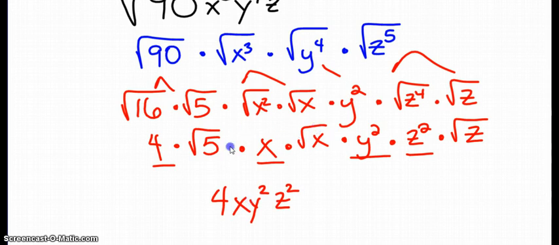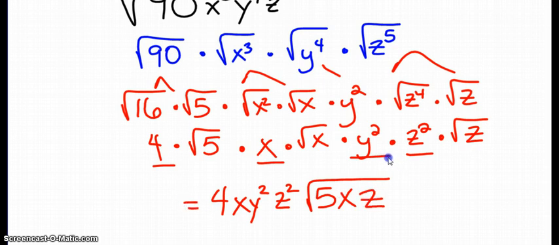All the factors containing a radical, root 5, root x, root z, go underneath together. And we have now simplified our problem.